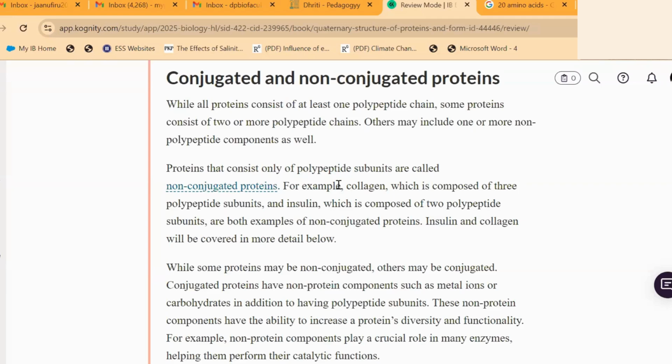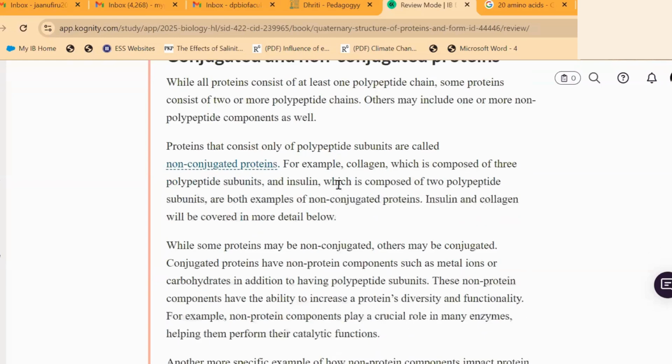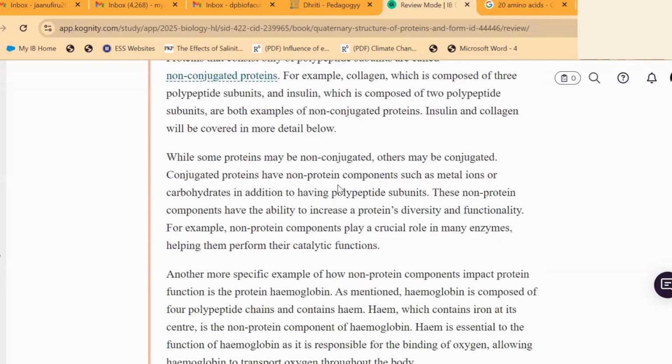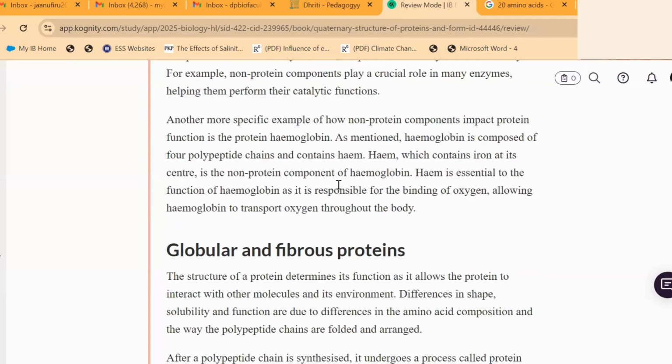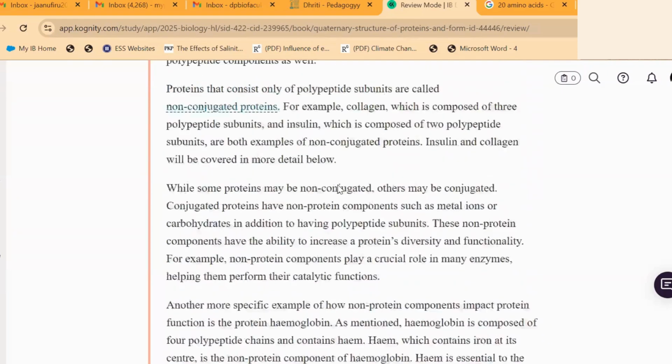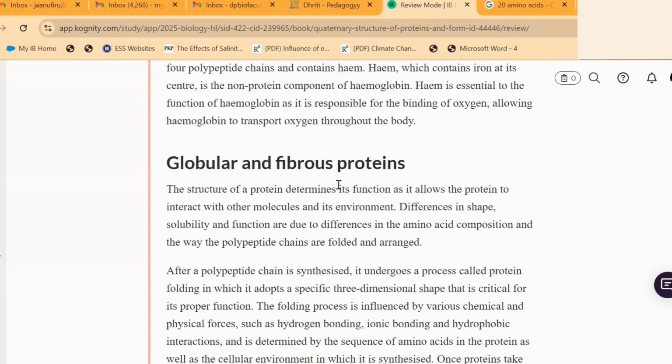Enzymes can also be considered some kind of conjugated proteins. And you know the functions of enzymes. Enzymes are catalytic in nature, biological catalysts that speed up the rate of a chemical reaction. And this is about conjugated and non-conjugated protein.